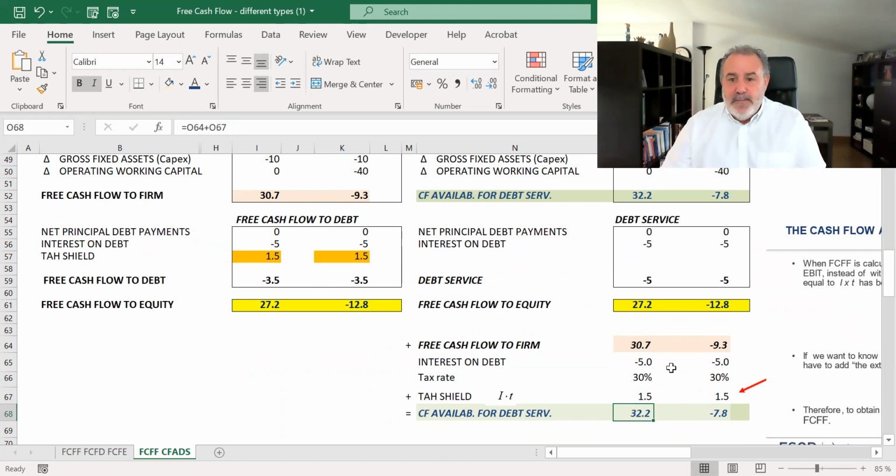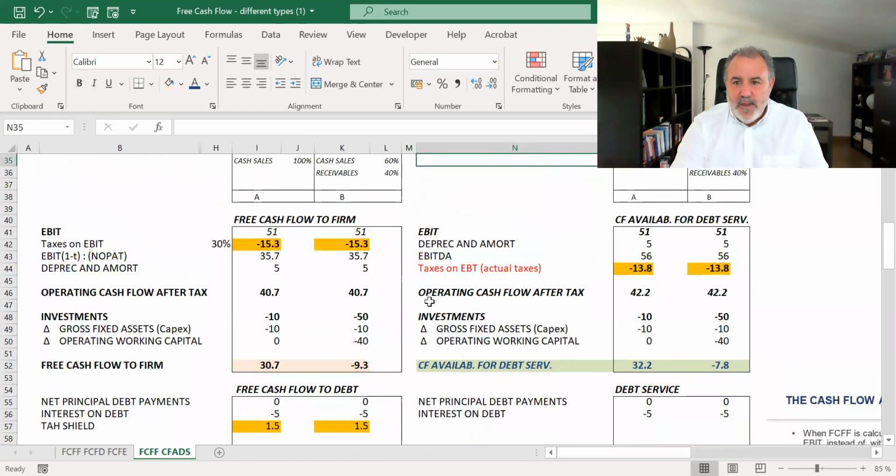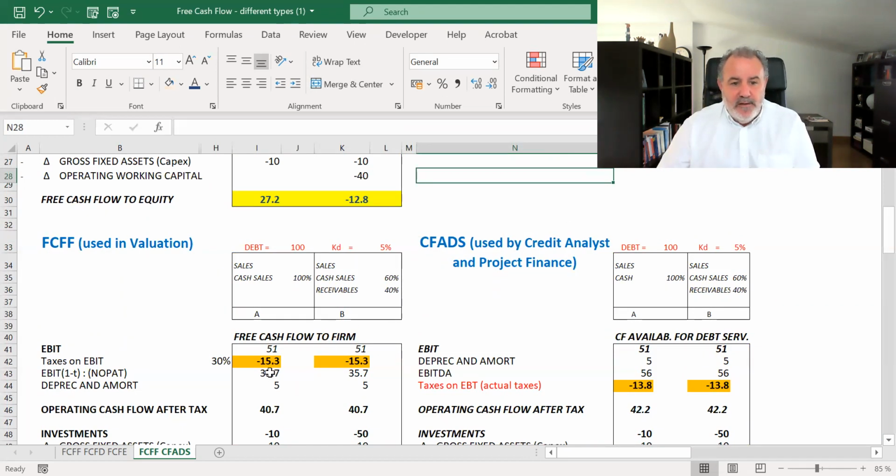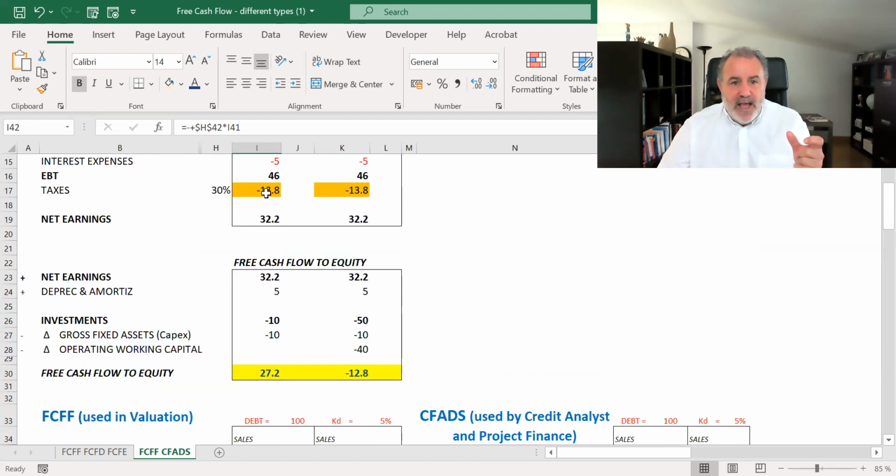All right, but still you can do another thing, which is to calculate the cash flow using the actual taxes instead of the taxes on EBIT, right? This is the taxes on EBIT, but remember that the actual taxes, the taxes on earnings before taxes, are 3.8.